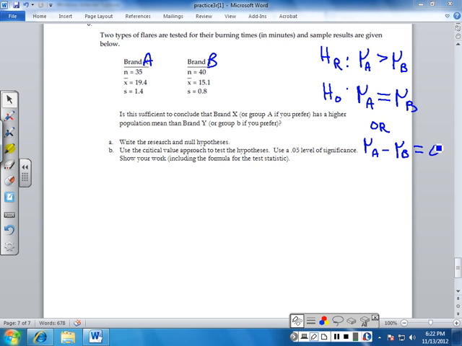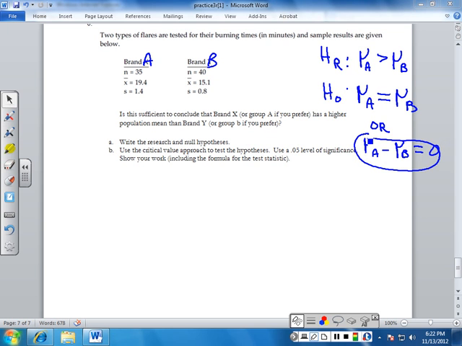The main reason I add this part on, that mu A minus mu B is equal to 0, is if I have to draw a sampling distribution. That way I know the center of the distribution is 0. And those are equivalent statements. I guess you can make a case for saying it either way anyway. But that's why I always make sure I get that one in there as well.